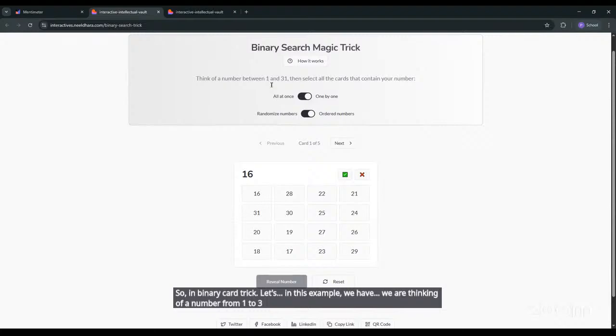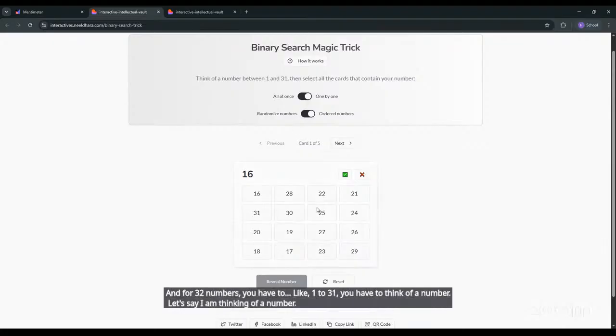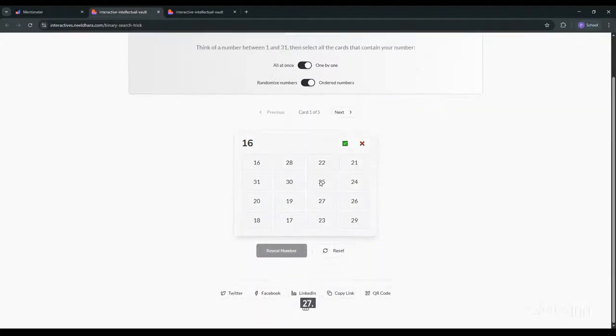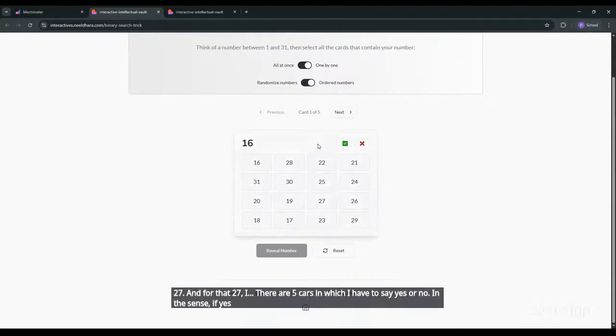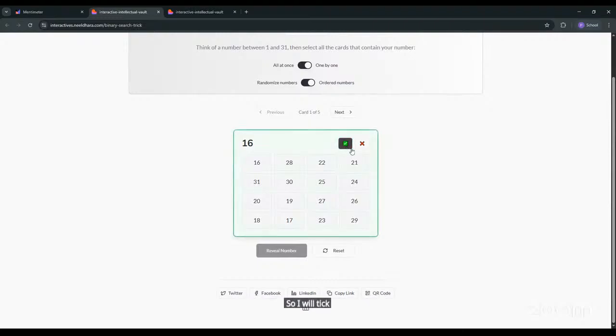So there are 32 numbers, and for 1 to 31, you have to think of a number. Let's say I am thinking of the number 27. For that 27, there are 5 cards in which I have to say yes or no. In the sense, yes if my number is present in this card, no if my number is not present in this card. So this is card one. I'm thinking of the number 27, so my number 27 is present in this card. So I will tick yes.